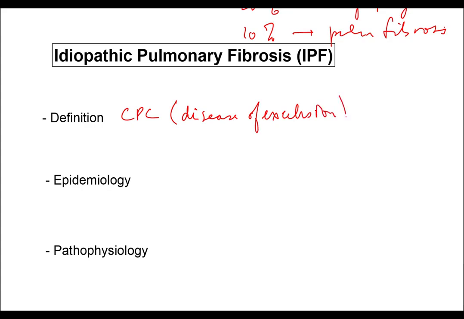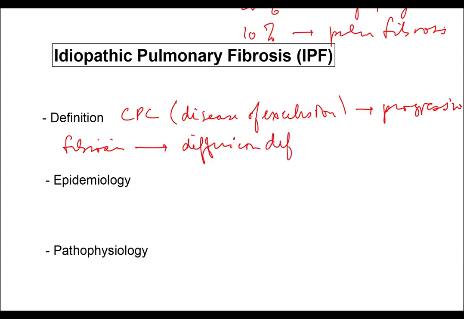And that's going to be any disease where you've ruled out the other causes that cause progressive fibrosis. And that has to eventually lead to a diffusion defect and respiratory failure.